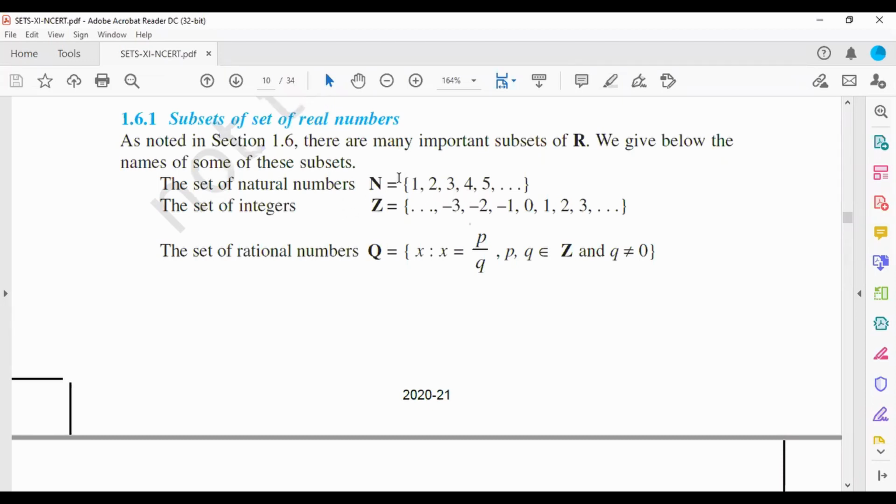The set of natural numbers is a subset of real numbers. N is actually a subset of whole numbers also. N is a subset of rational numbers also. N is a subset of the real number set also.